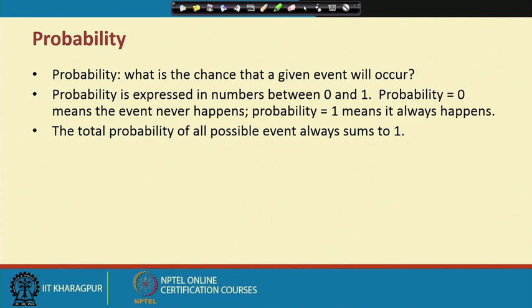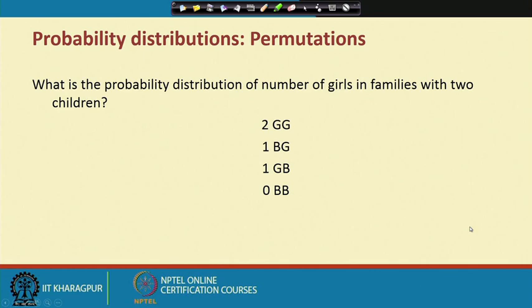These are all probability concepts which we have already discussed, so I am not going into details. The value of the probability will be 0 to 1, and probability sampling will follow this principle. Now I will give you a little hint here. What is the probability distribution of the number of girls in a family with 2 children?